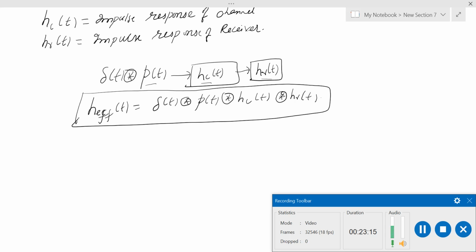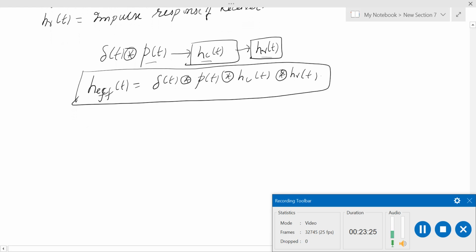Or if you sample it, it is non-zero only at n equal to 0, and it is 0 for all other symbols. Okay, and from this you can actually find its Fourier transform, right? Then you will get the transfer function, the overall effective transfer function of the whole communication system, end to end.